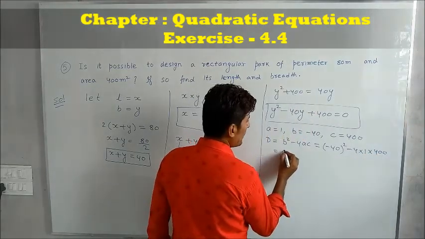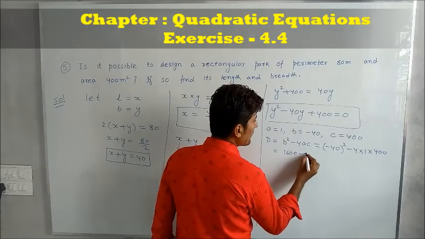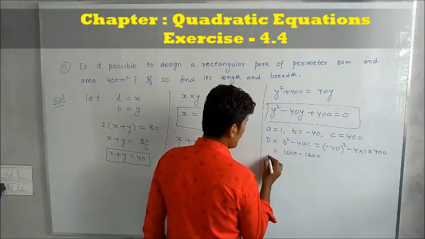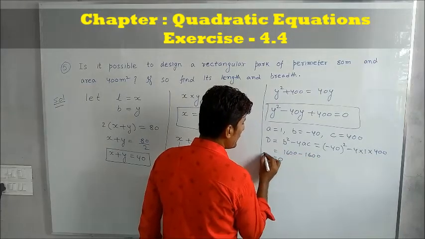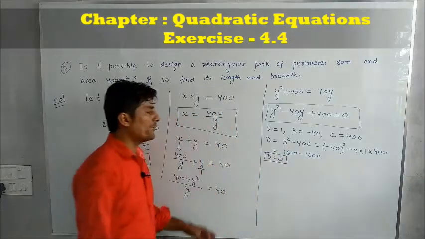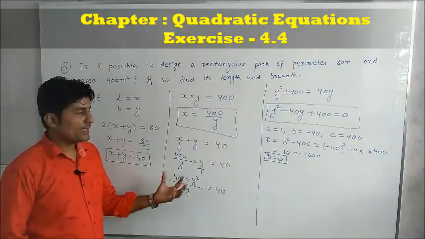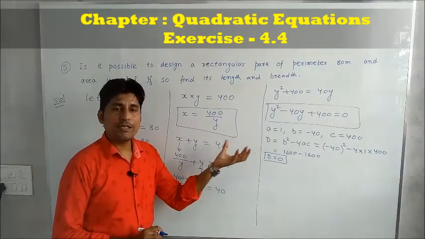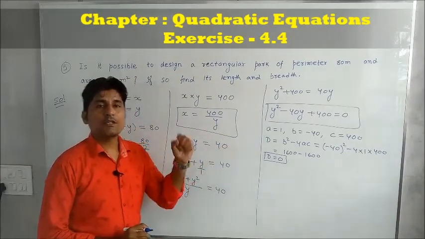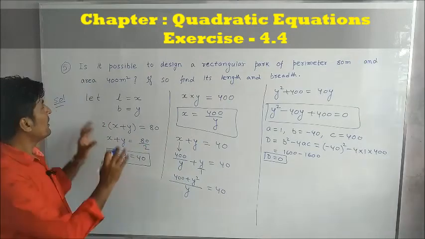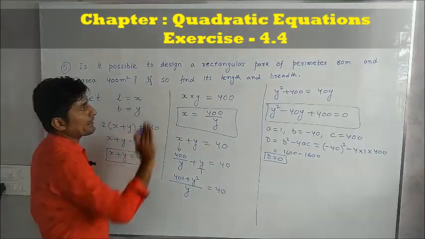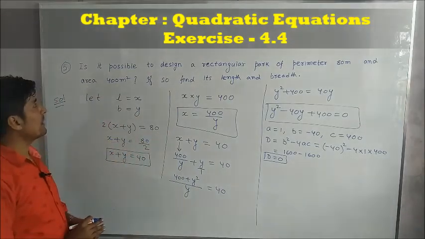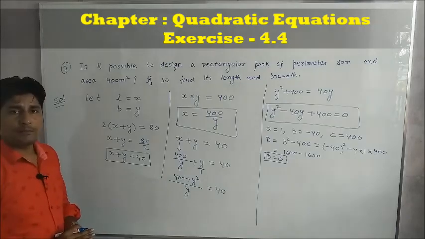So here we will have 1600 minus 1600. So finally we have d equals 0. Since the value of d equals 0, we can say that the roots of the given quadratic equation will be real and equal. So it is possible to design a rectangular park of perimeter 80 meters and area 400 meters square.